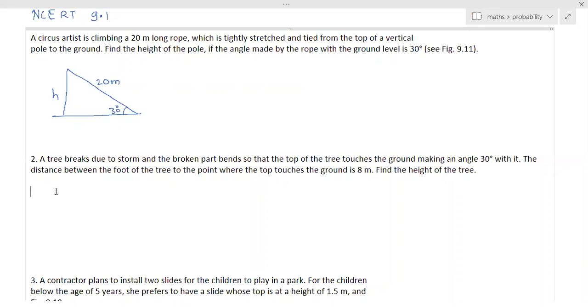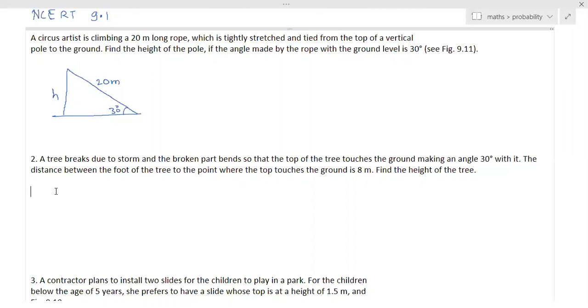Next question, are you able to solve? Yes, ma'am. We are supposed to use tan 30, right?